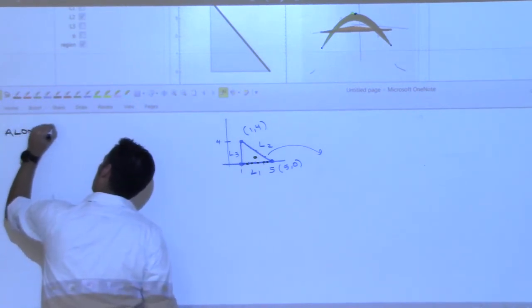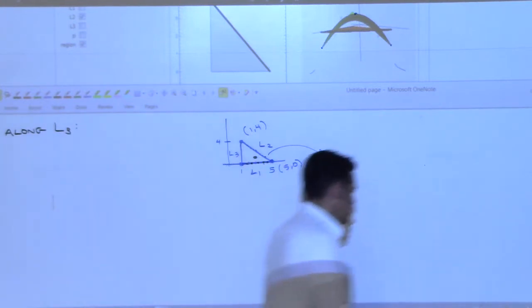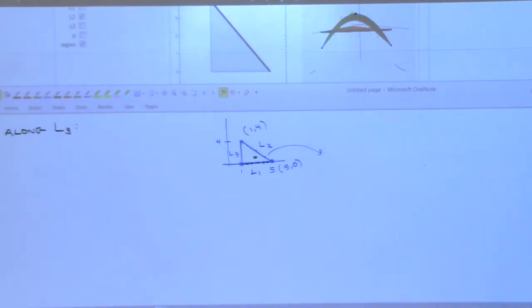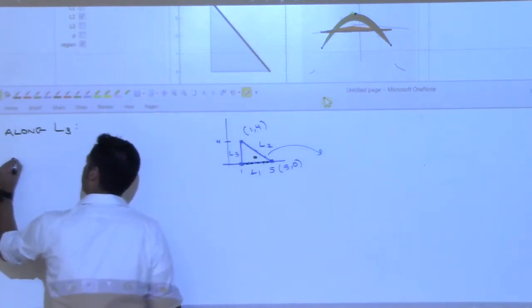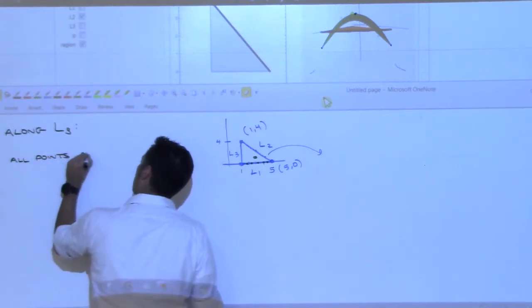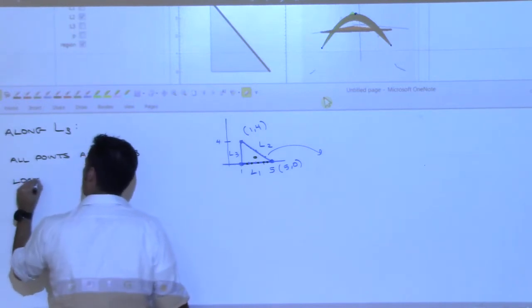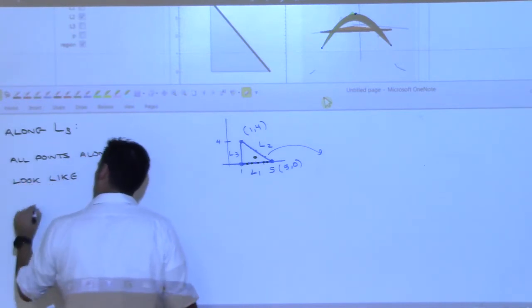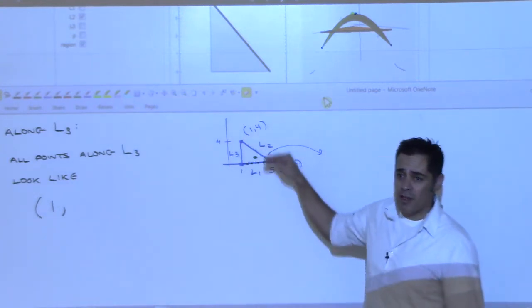Along L3 now. So what do all the points on L3 have in common? What do they look like? Yes, they all look like 1 comma y. So all points along L3 look like this: the x-coordinate is fixed at 1, but the y-coordinate's not fixed.